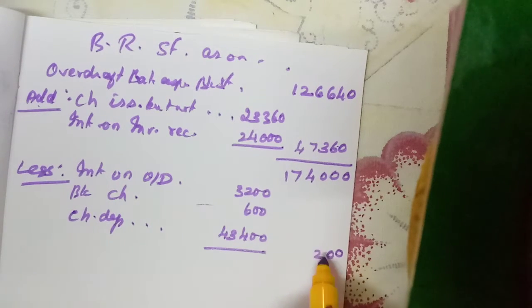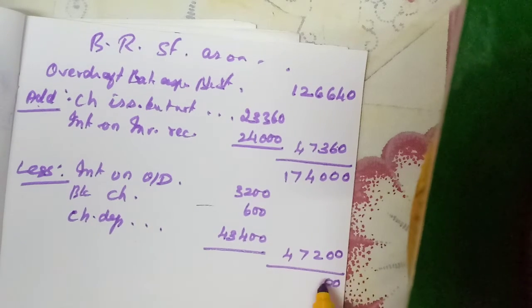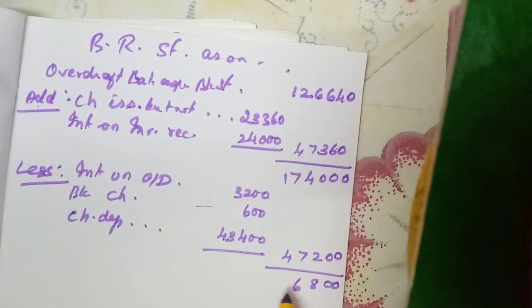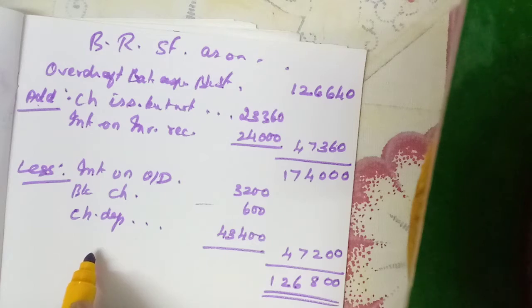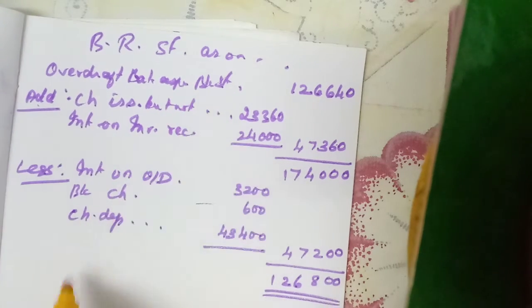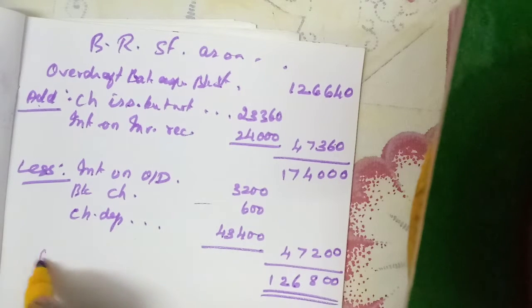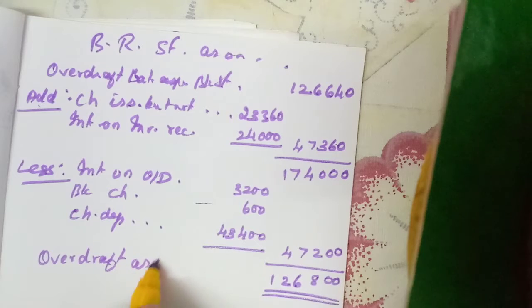Balance 1,74,000 deduct, we get 1,26,800. This one is overdraft balance as per bank statement. So here overdraft as per cash book.